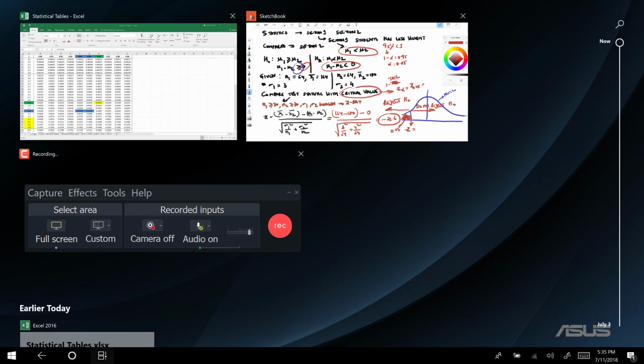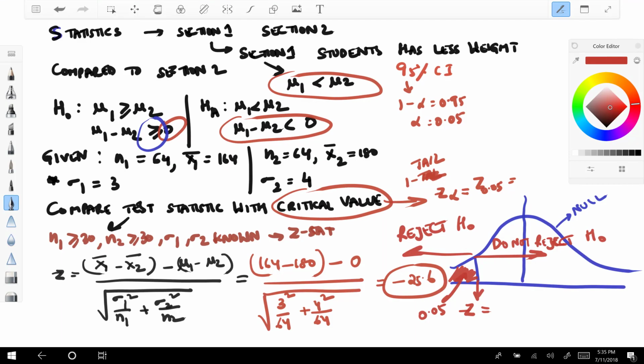So I will go to my sheet. So this is negative 1.64. So if you see our z stat value, it will lie, because this is negative, somewhere here would be negative 25.6. So it's in the rejection region, so we reject H null.